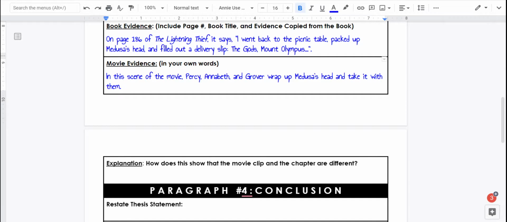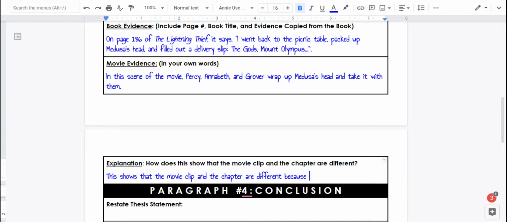Going down to our explanation, again, we want to restate and answer this question. So we get rid of our question words, how and does, and we start our sentence with the rest of that question. So I'm going to start my sentence by saying this shows that the movie clip and the chapter are different because, and then I need to finish that thought with my own words.